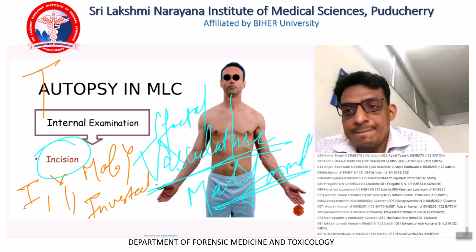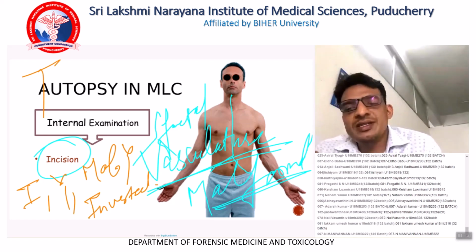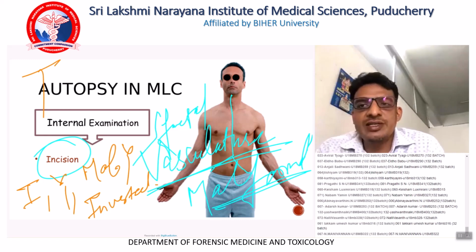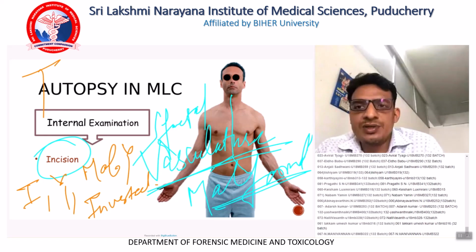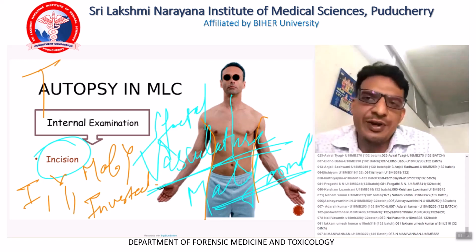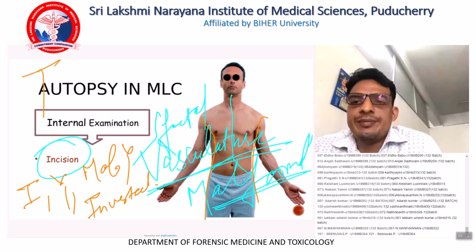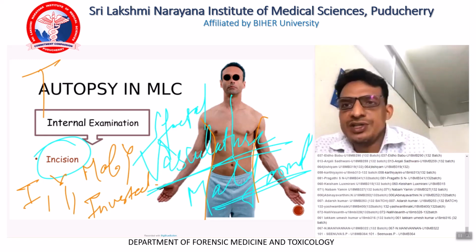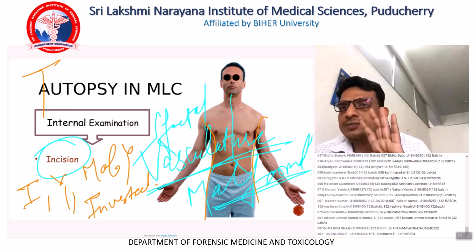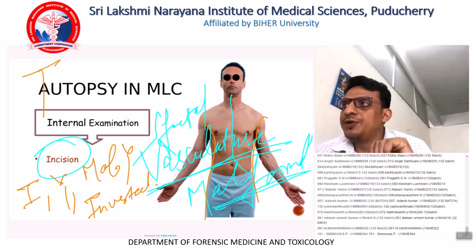That is a Z-shaped incision given on the back of the person to examine the back. There are many modifications as per different authors. So you are supposed to know I, Y, modified Y, and inverted Y. Four incisions that you are supposed to know are I, Y, modified Y, and inverted Y. Next.